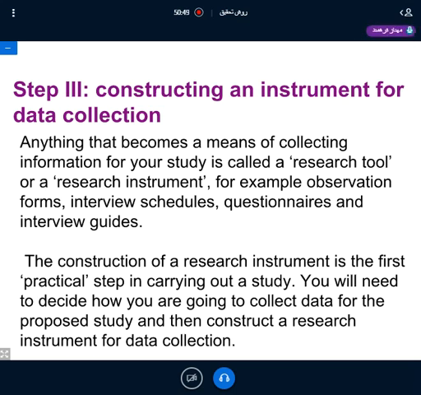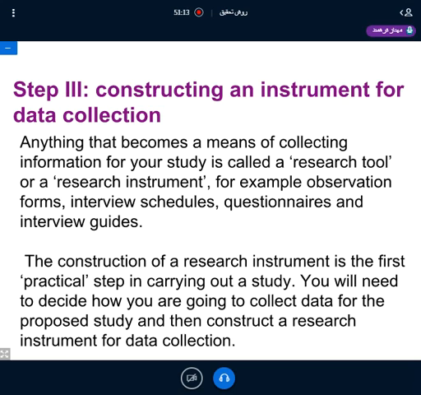Constructing an instrument for data collection is in phase 2, planning a research.